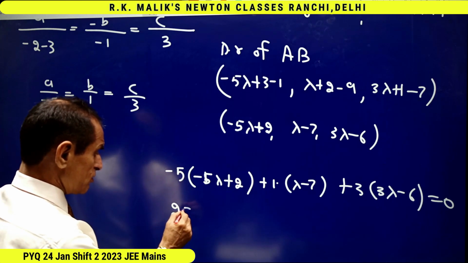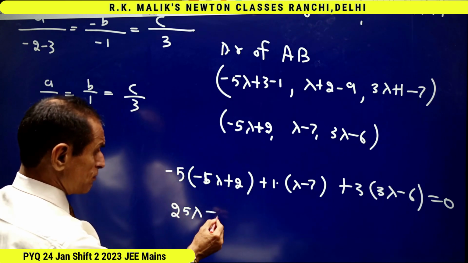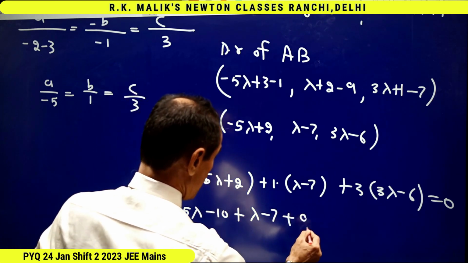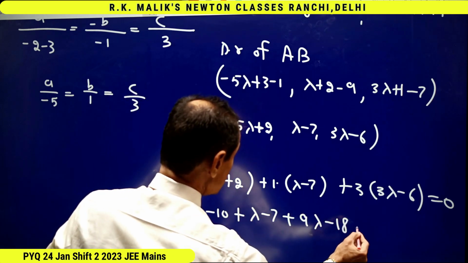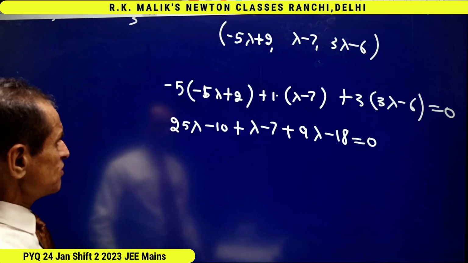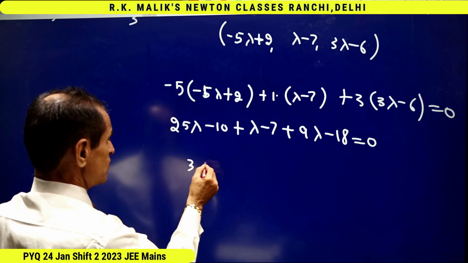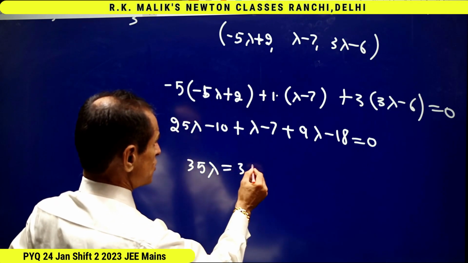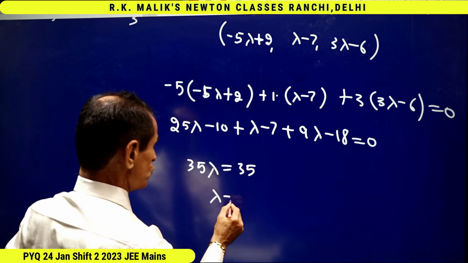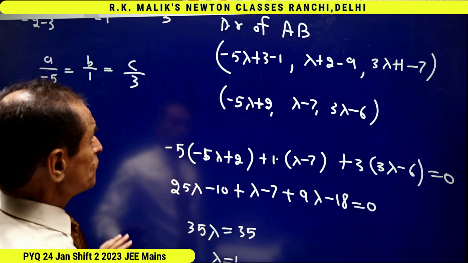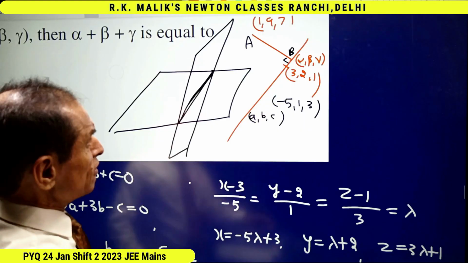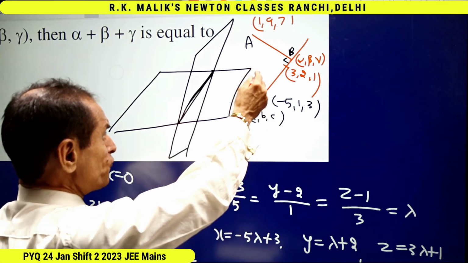That is, 25 lambda minus 10 plus lambda minus 7 plus 9 lambda minus 18 equals 0. That is, 35 lambda equals 35, so lambda equals 1. And putting lambda equal to 1 in these three, I'll get the coordinates of B.